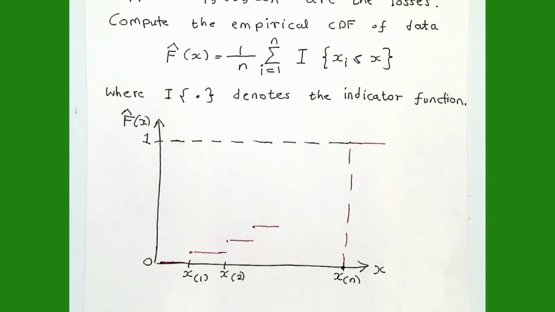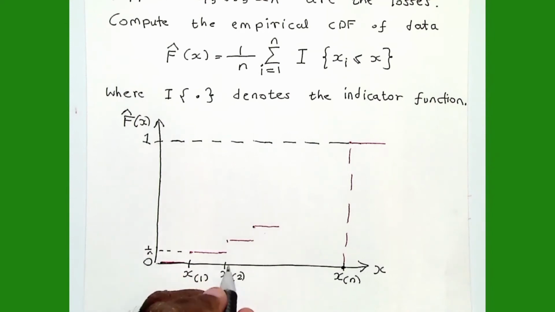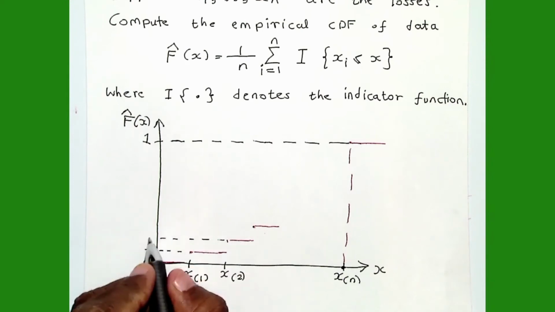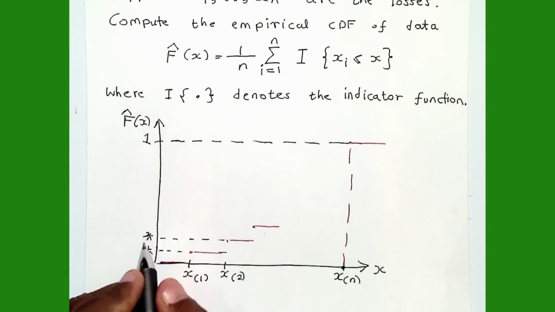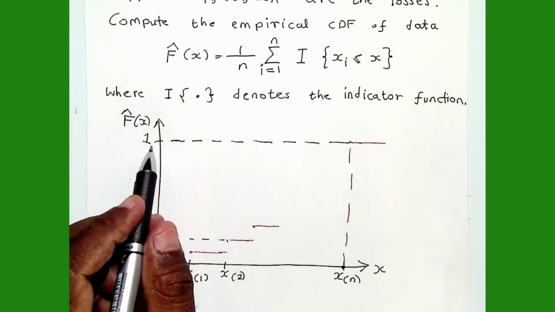Every time it hits a data point it increases by 1 over n, then another 1 over n, making it 2 over n, and so on until it becomes 1.